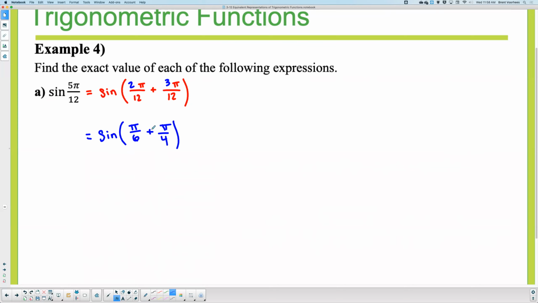On the previous slide, they call this A, they'll call this one B. So the formula is that sine of A plus B will equal sine A times the cosine of B plus cosine A times sine of B.